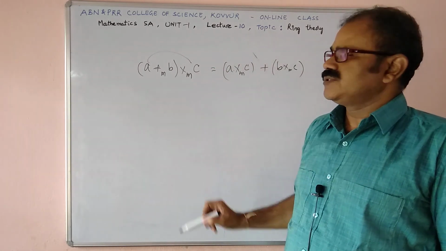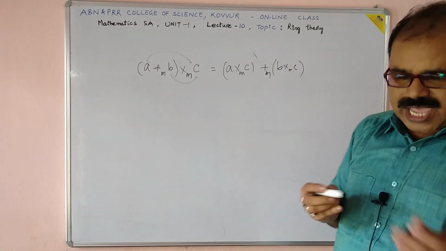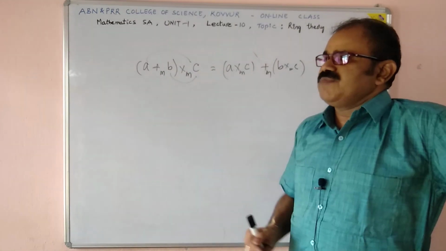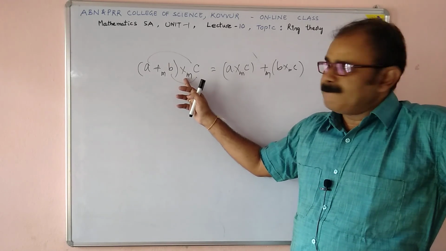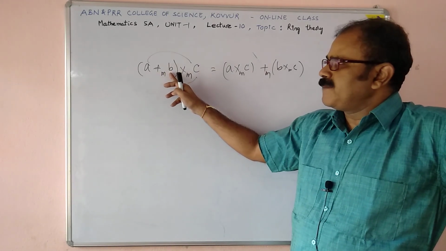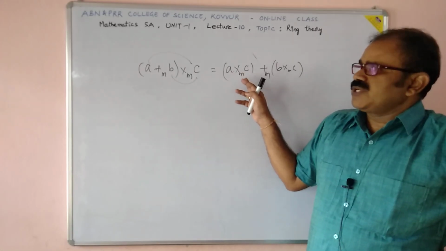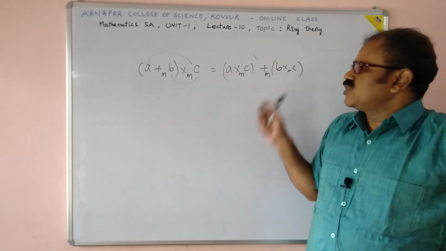A into C, B into C. Here, addition modulo M is distributive with respect to multiplication modulo M. A addition modulo M B, multiplication modulo M C is A multiplication modulo M C addition modulo M B multiplication modulo M C.